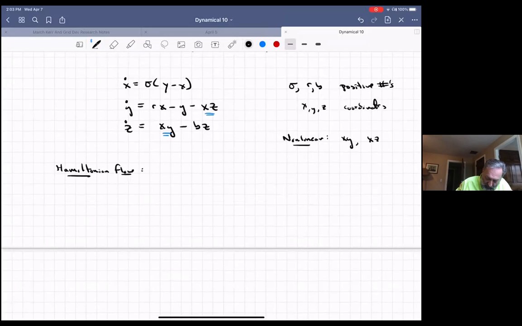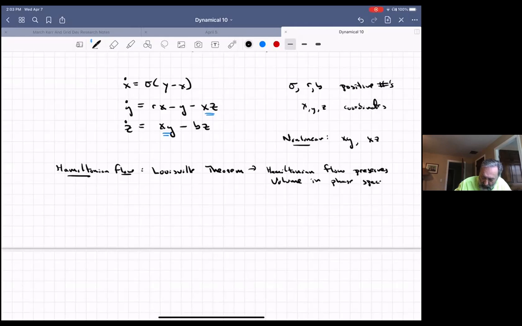And we had the Louisville theorem, which said that the Hamiltonian flow preserves volume in the phase space. And what we're going to see in the Lorenz equations is that they very much do not, right? So the Lorenz equations are not Hamiltonian flow.